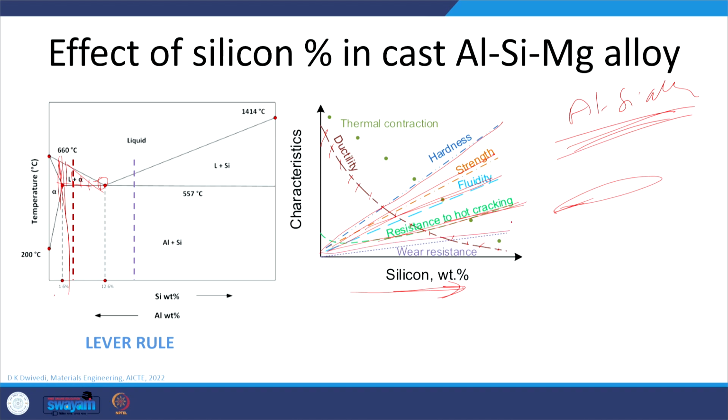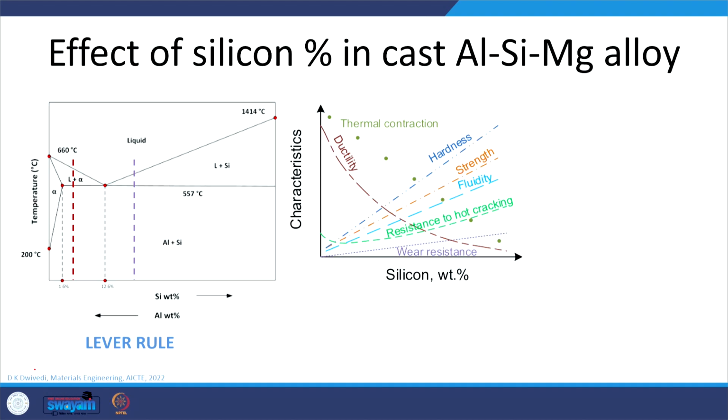Similarly, wear resistance is also enhanced with the increase of silicon. Another interesting and important property for automotive applications is the drop in thermal expansion coefficient. The thermal expansion coefficient of the aluminum silicon alloy decreases with increasing silicon, and that is why it is very useful.